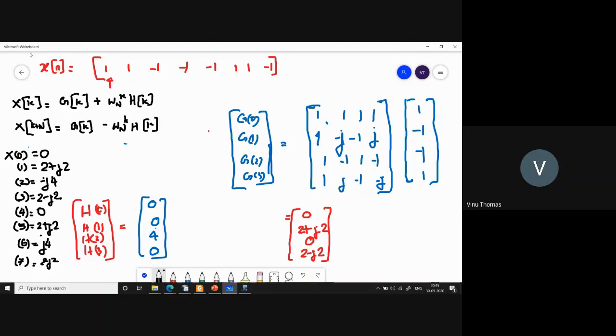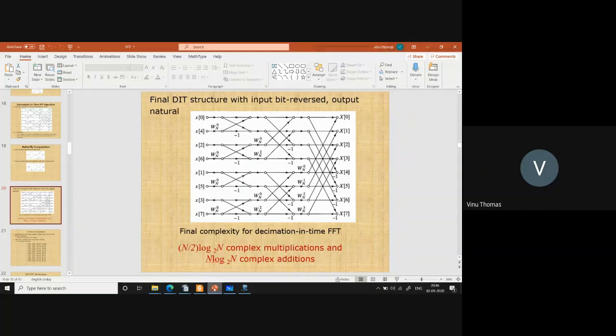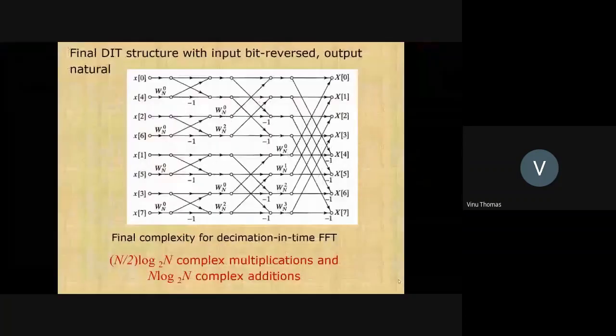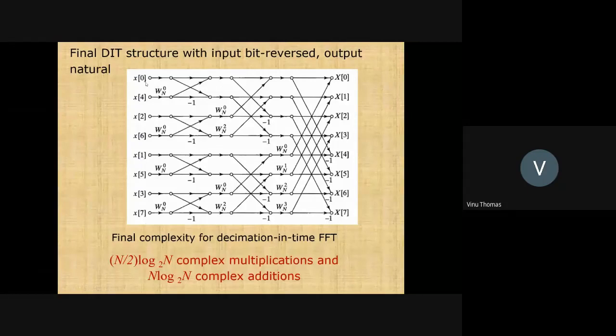Which means that you have to learn the structure, remember the structure by heart. And if you are asked to find the values at the intermediate points, then you will definitely have to follow the signal flow graph from the beginning to the end. Sometimes certain question paper setters can ask you to find out the values at the intermediate stage.